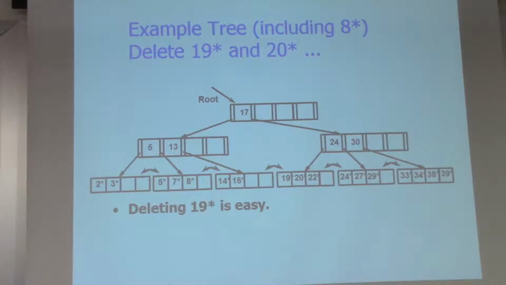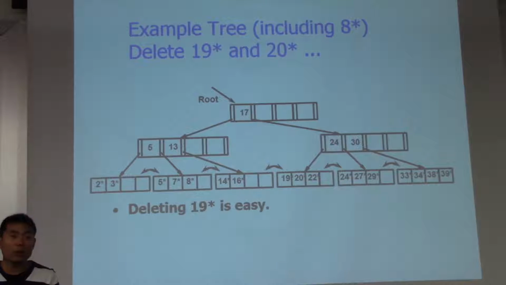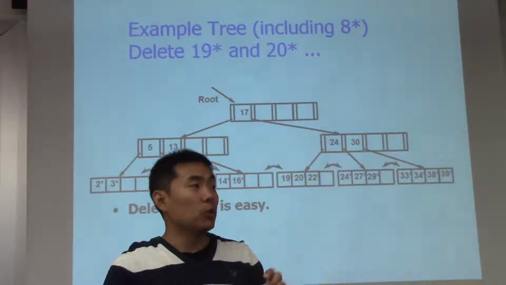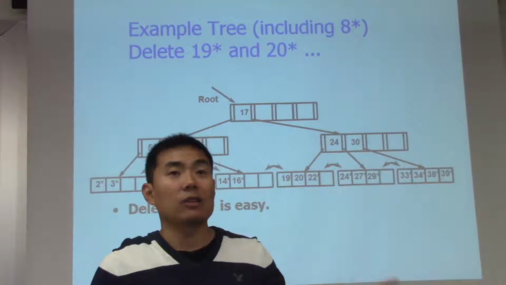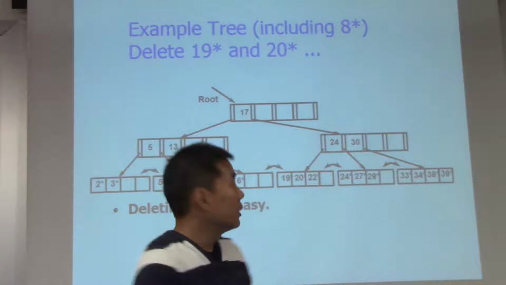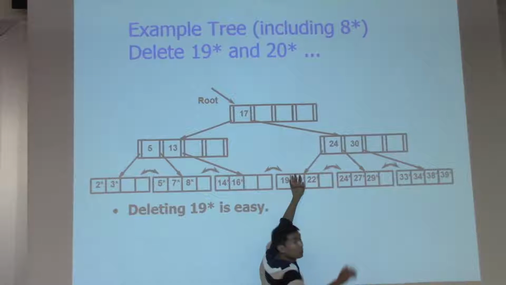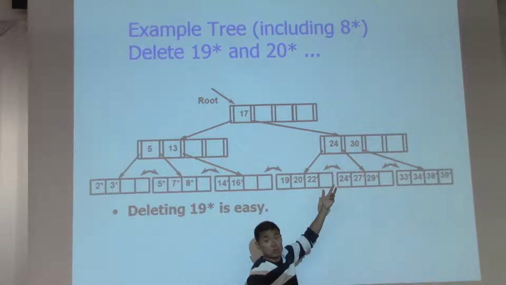When the sibling node has exactly B entries, then there is nothing you can do. Right? B minus 1 and B. You only have 2B minus 1 entries and try to distribute them into 2 boxes. There's no way you can ensure each of them has at least B entries. Okay? So in this case I can, because there are 3 entries, in total I have 4 entries, so I can do a 2 and 2 redistribution.